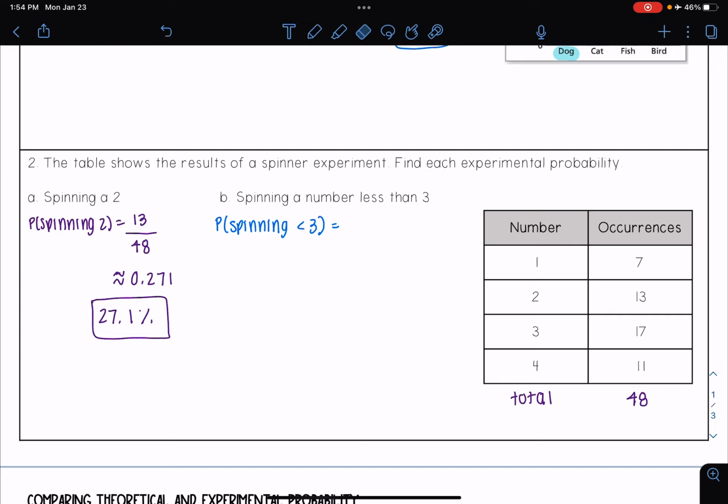And so I see that happens with this 7 right here and 13. Those are both less than 3. And so that means 7 plus 13, I have 20 occurrences where you spun less than 3, and you want to divide that by your total 48. So I have 20 divided by 48, and rounding that, you get approximately 0.417. And so that means you have a 41.7% chance.